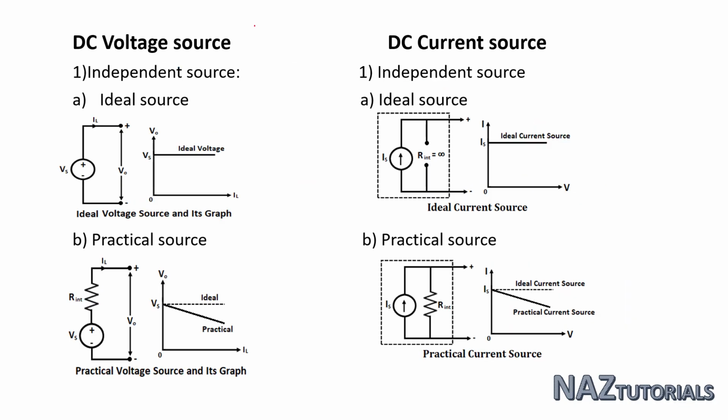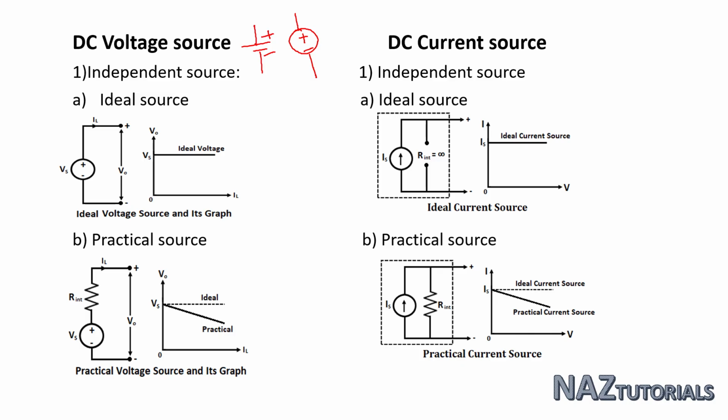Now come to the DC voltage source. A DC voltage source can be defined by these two symbols. One is two parallel lines, one smaller and one longer. This is the simple battery symbol. The other one is a circle in which there are two polarities, one plus and one minus.